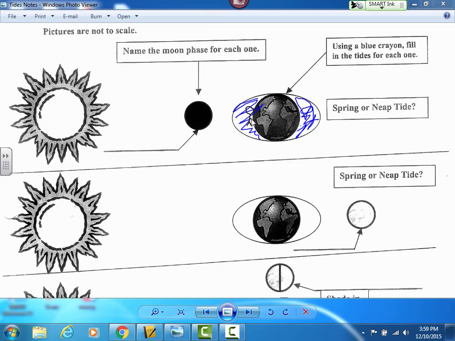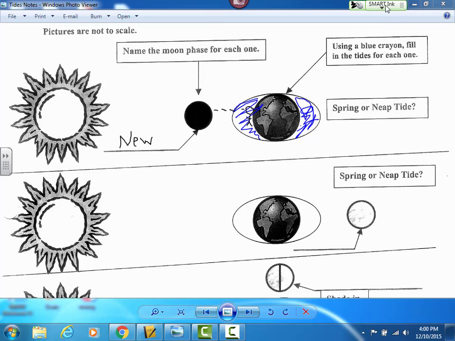The lit side of the moon would be facing away from us. It would be on the sun side. So from Earth, when we were looking at the moon, we would not see any of the lit side here. It would be all dark. And if it's all dark, then that is new moon.